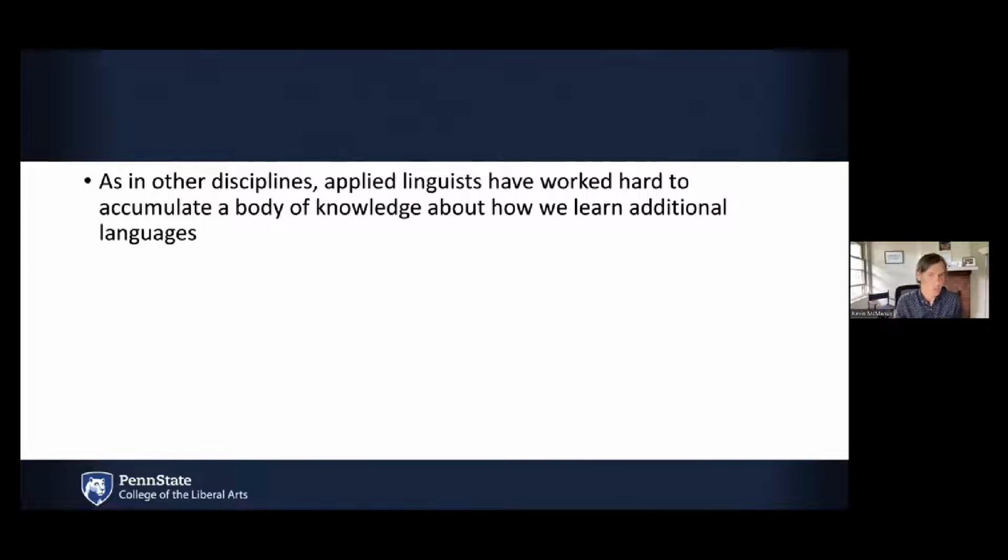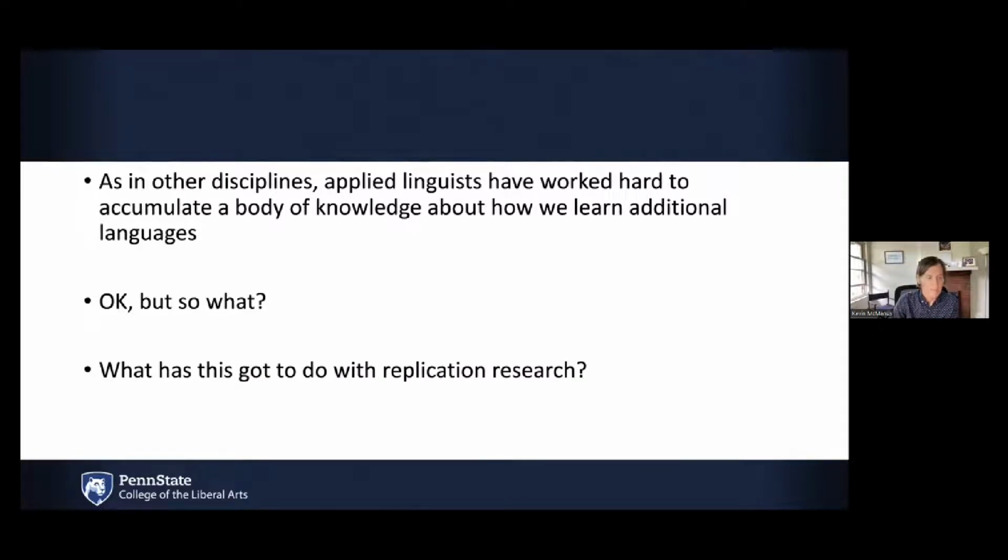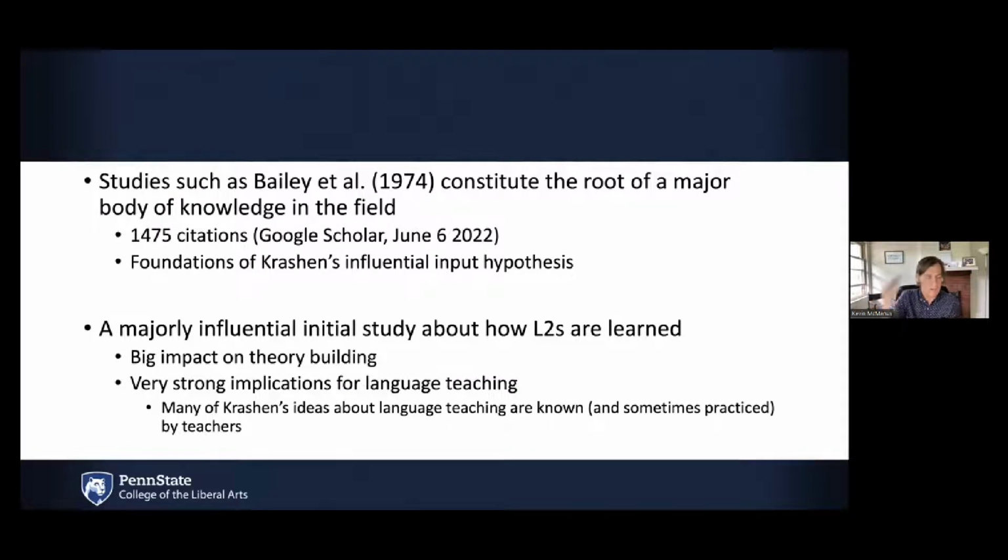And so this is extremely similar to many other disciplines, right? Applied linguists have worked extremely hard to accumulate a body of knowledge about how we do appear to learn additional languages, right? And so you might be saying to yourself, okay, but so what? Like, what has this got to do with the conduct of replication studies, right? And so if we just take as an example the Bailey et al. study from 74, right?